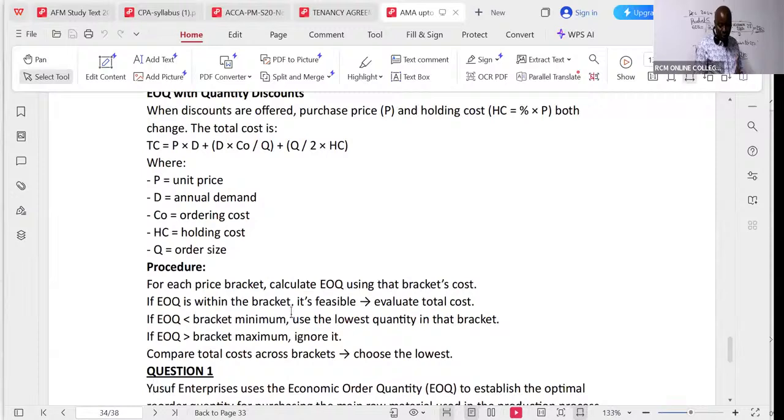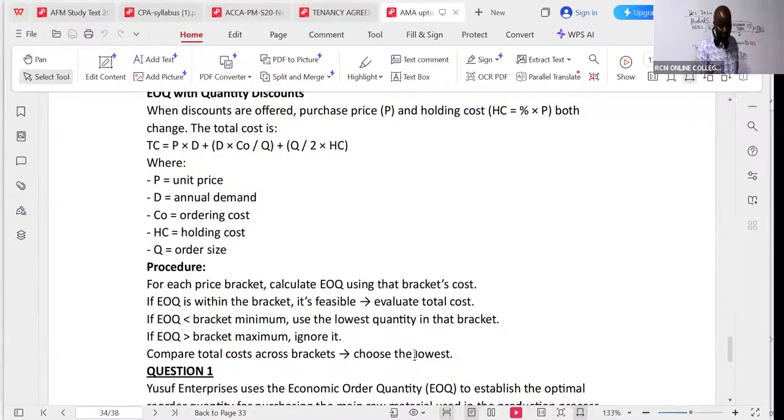Evaluate the total cost. If EOQ is less than the bracket minimum, use the lowest quantity in that bracket. If EOQ is more than the bracket maximum, ignore it. Then you compare the total cost across brackets and choose the lowest.